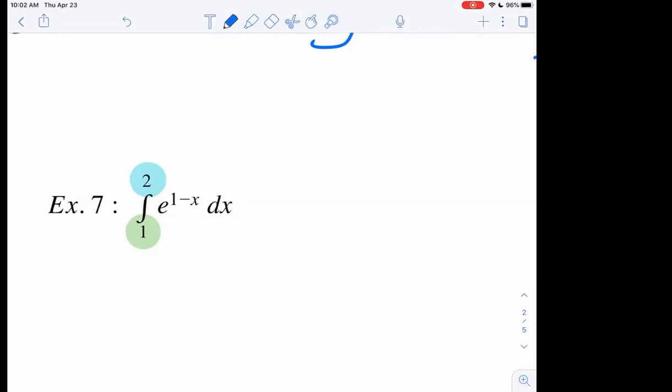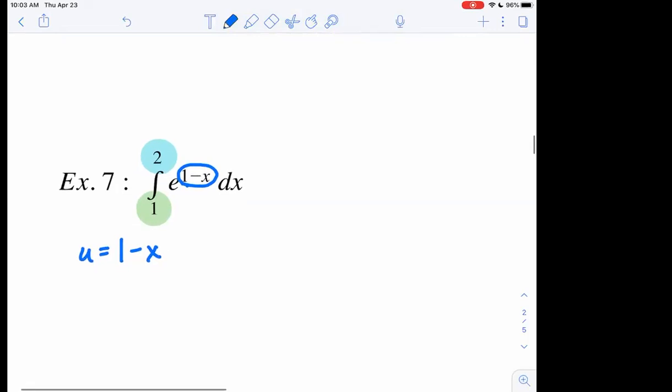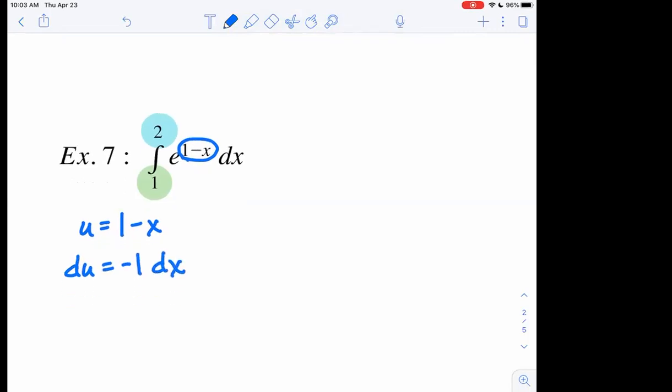I notice that I have a 1 minus x in the exponent, and that's not just an x, so that is a clue to me that I need to use u substitution. So u equals 1 minus x. That makes du equal to -1 dx. And I don't see that negative there, so I'm going to divide it to the other side for my substitution.